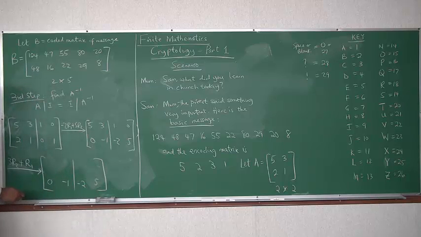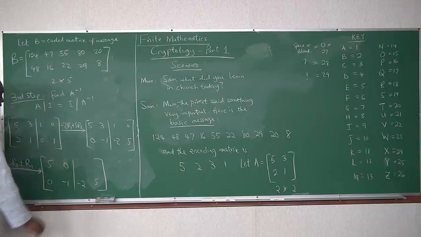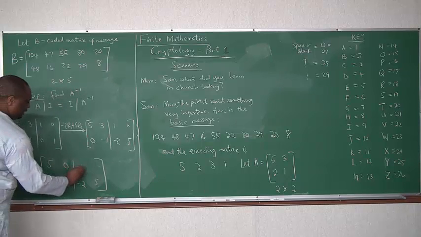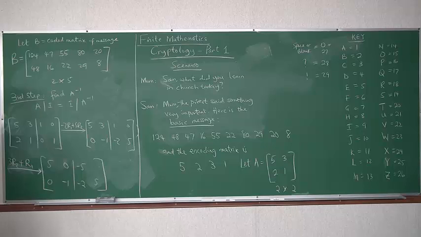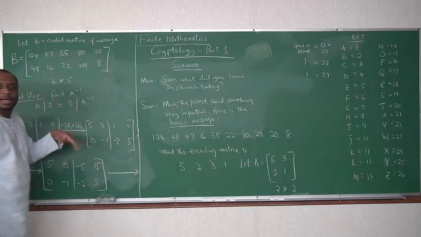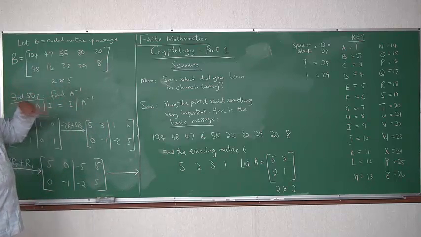And this will be 3 times 0, 0 plus 5 is 5. 3 times negative 1, negative 3 plus 3, 0. 3 times negative 2, negative 6 plus 1, negative 5. 3 times 5, 15 plus 0, 15. Please, we have done this in previous videos, so view it.